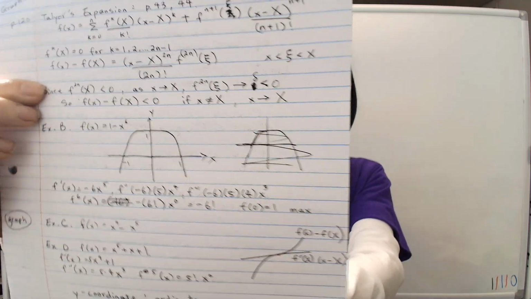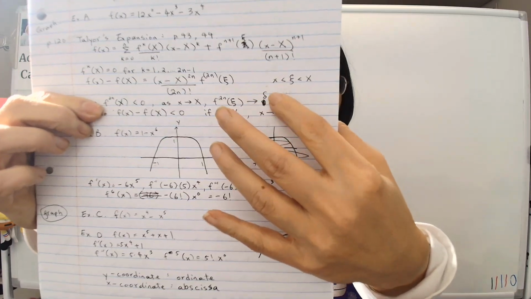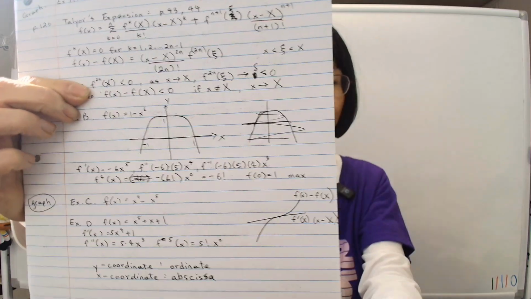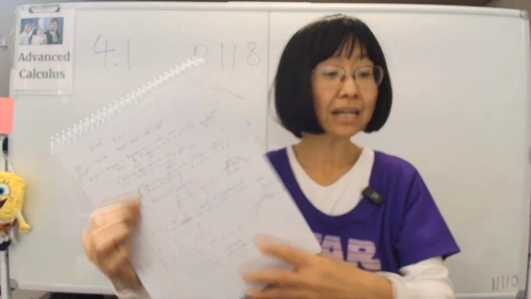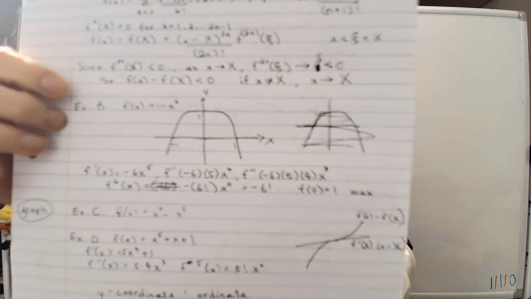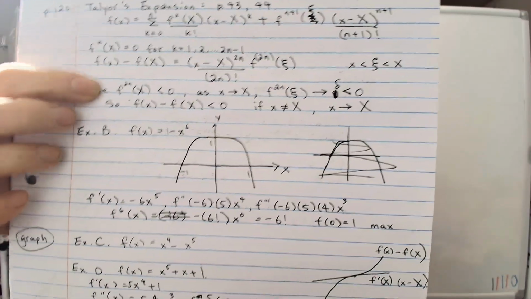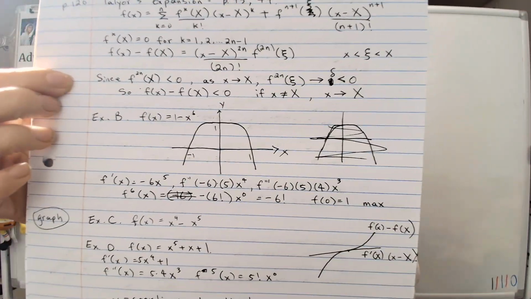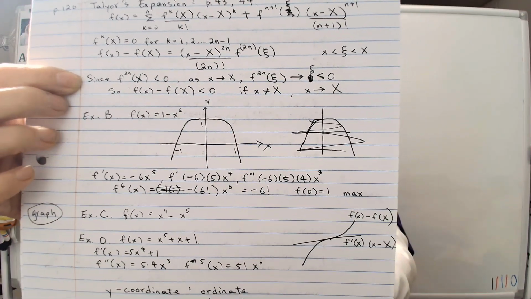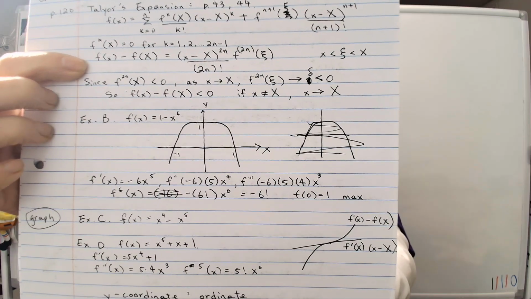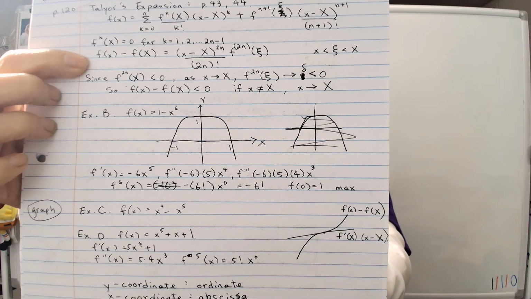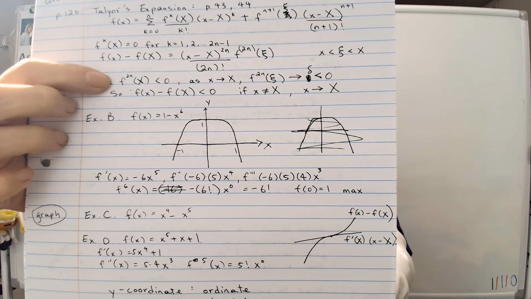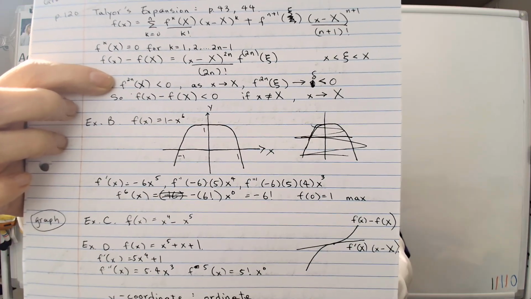When I say the other way around, I mean big X can be here and small x can be here, because we don't know the order of their difference. Anyway, if that is the case, then when you look at this thing right here, being that this thing is less than 0, we have decided that.